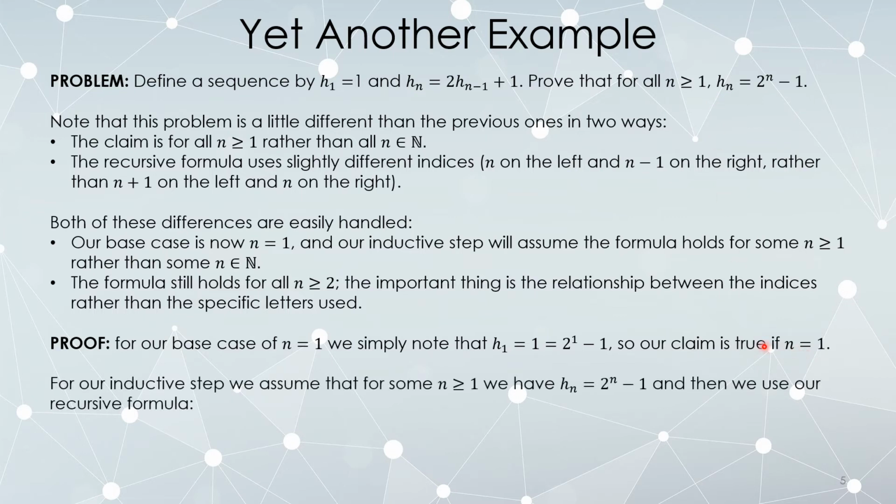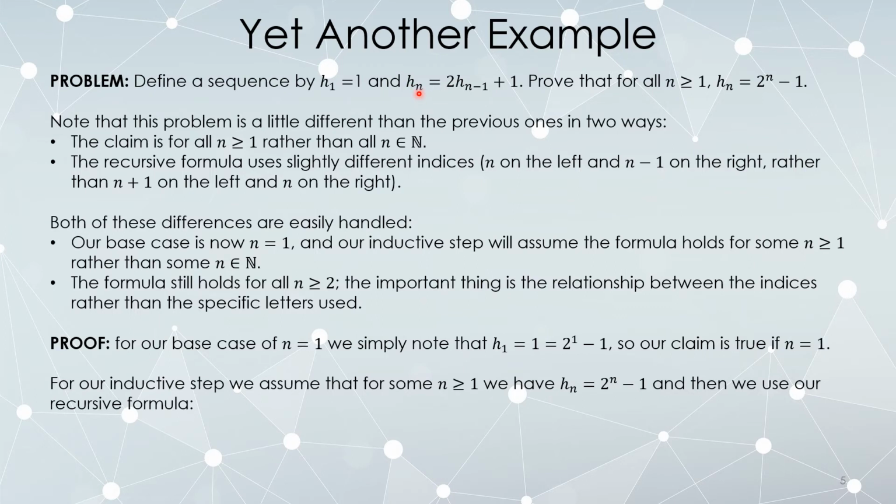For the inductive step, we assume that there is some index where the desired claim holds, and then we use our recursive formula. But our recursive formula, as written, simply tells us h sub n is 2 times h sub n minus 1 plus 1. But we're not going to assume something about this term here. We still want to assume something about the previous term of the sequence to get the next one.